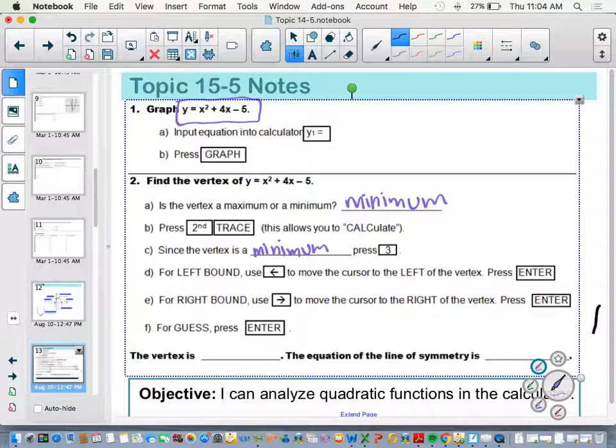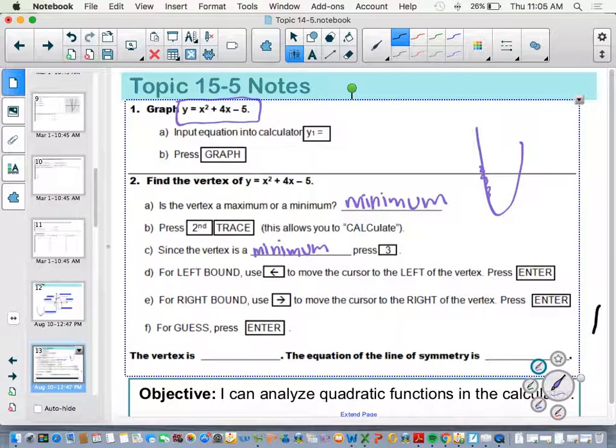Press 3. Now I want you to scroll way to the left and press enter. Way to the left of your vertex. So here's your vertex. You need to be somewhere over here before you press enter.